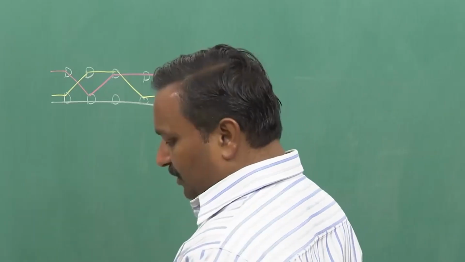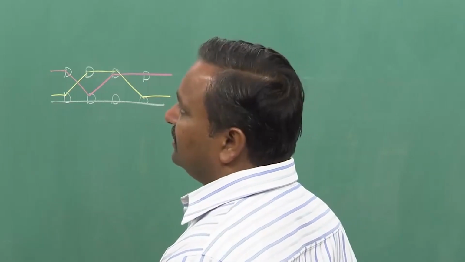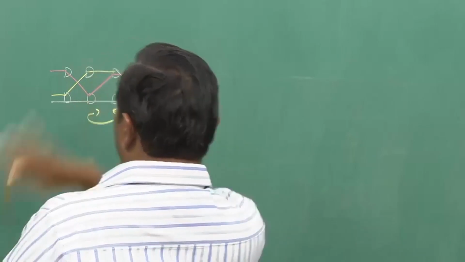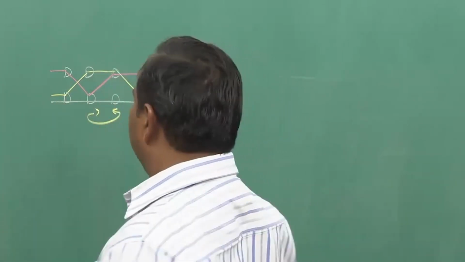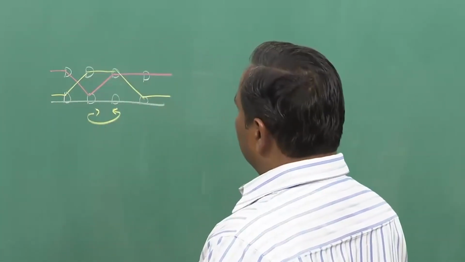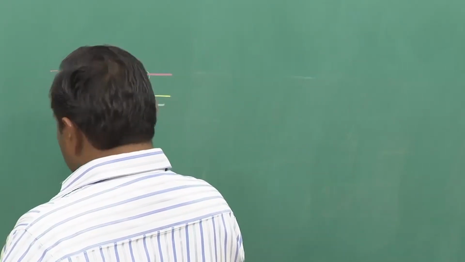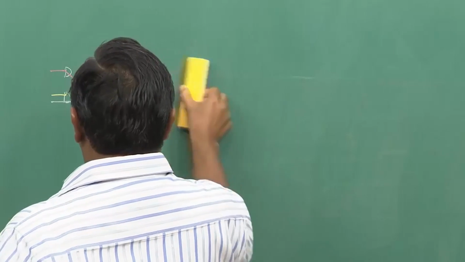So, let us look at all other possibilities. In fact, you have to swap input to output, then it will be exactly the same. So, let us draw the other one.